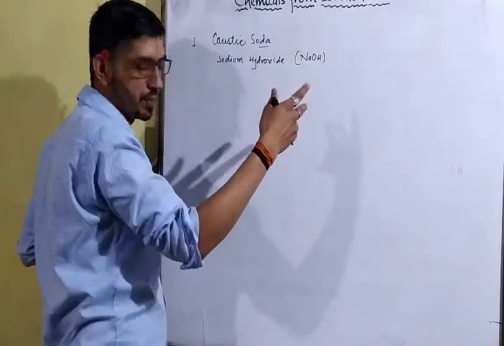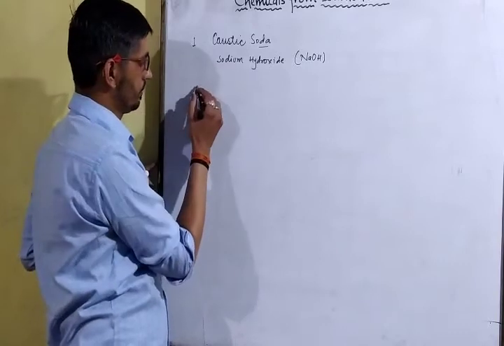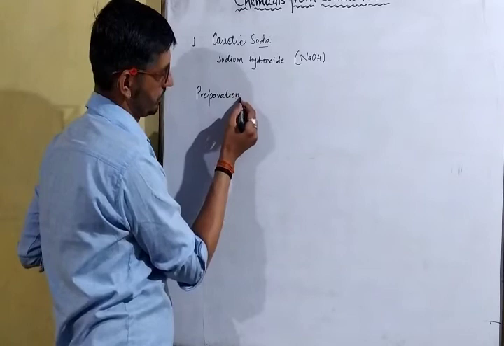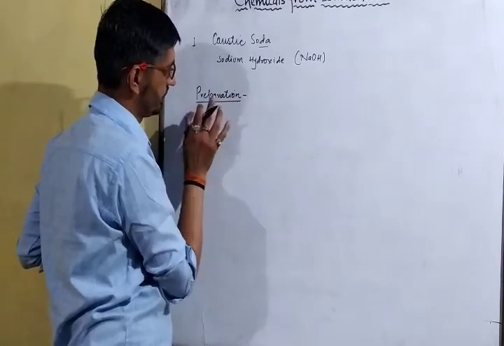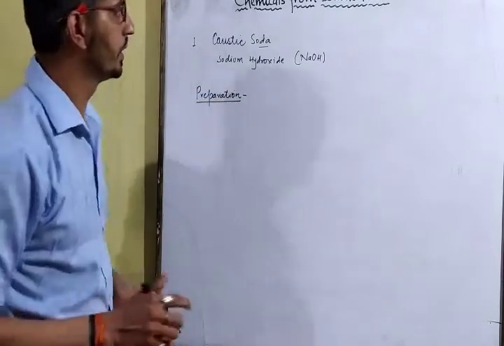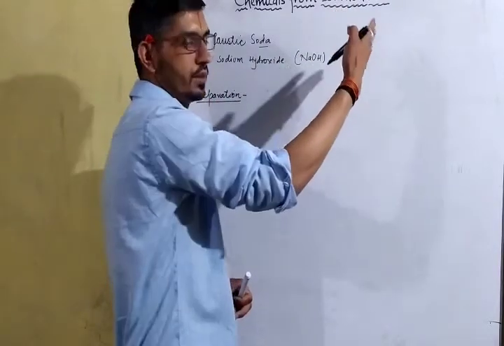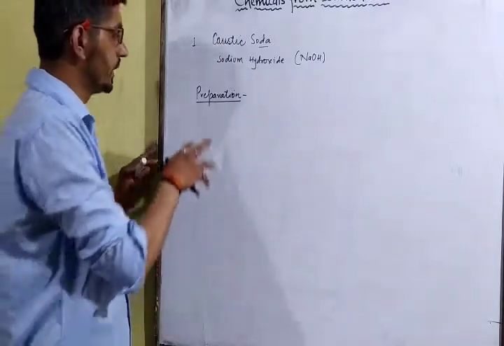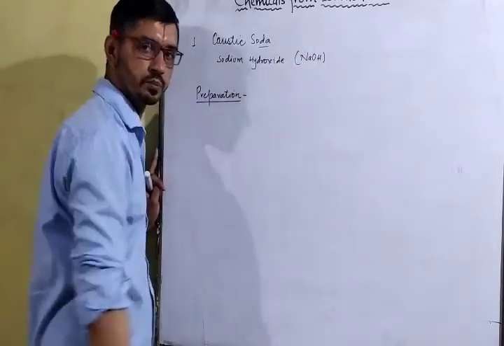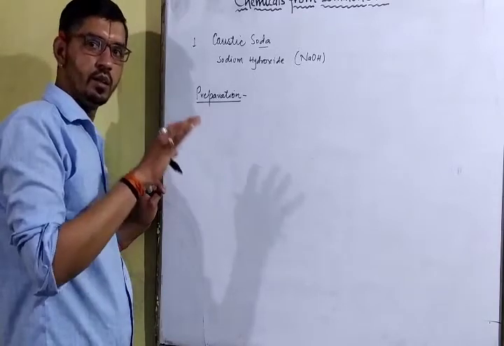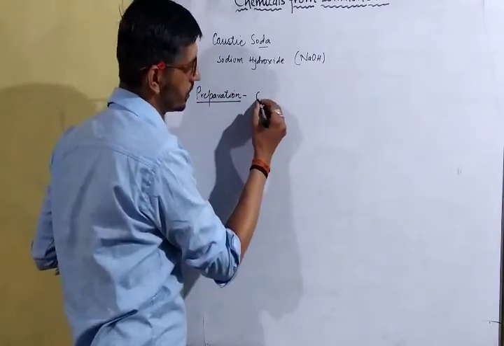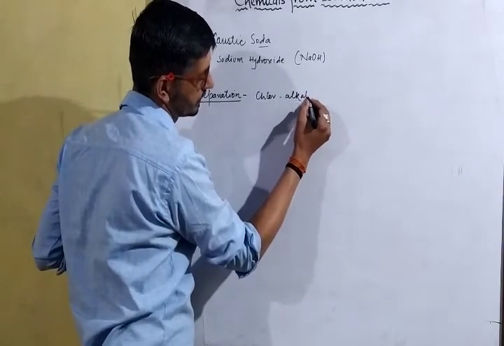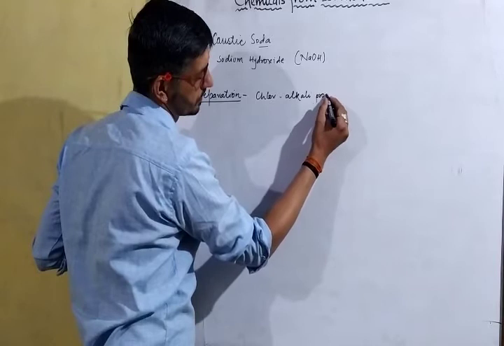And how is it prepared? Now, preparation. As we know, common salt is the raw material for the chemicals which we are learning. So NaOH is prepared from common salt, and the process is known as the chlor-alkali process.